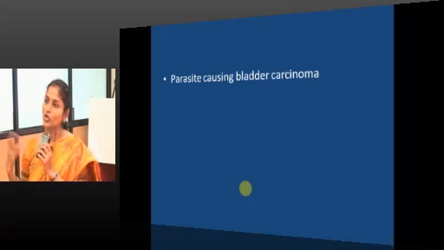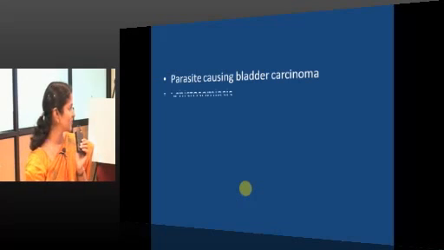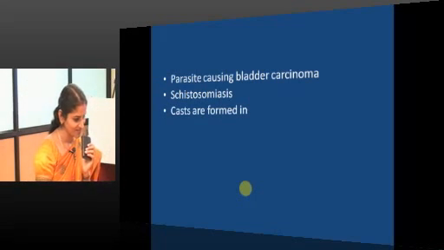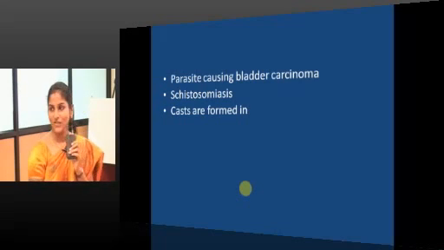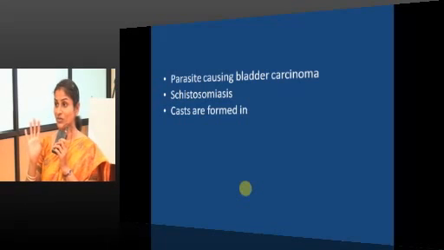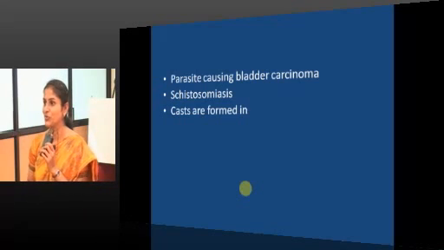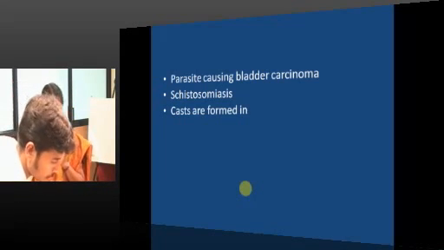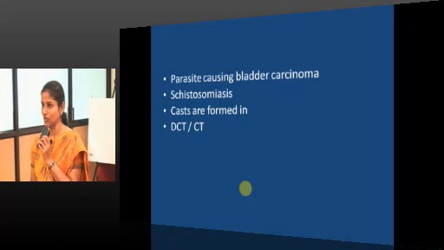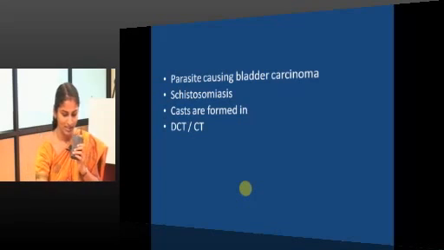Schistosoma is associated more often with squamous cell carcinoma. Good. Casts are formed in which part of the kidney? No, that's a UG answer. Which part of the tubule? No. Tamm-Horsfall protein is formed in the distal convoluted tubule. So, it's distal convoluted tubule or collecting duct.